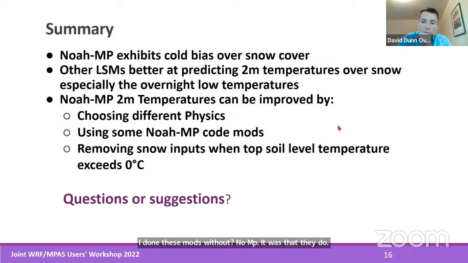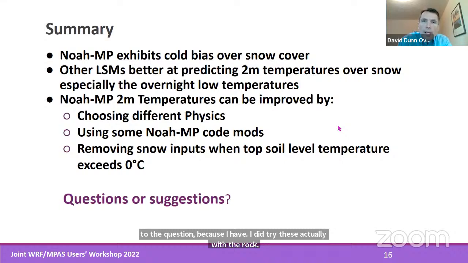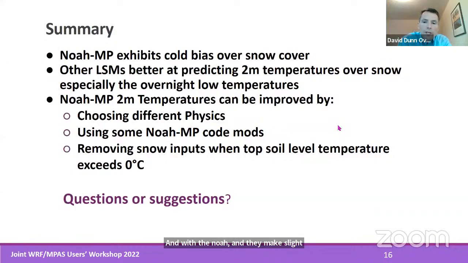Because I did try these actually with the RUC and with the NOAA, and they make slight improvements. Obviously, I didn't do any code mods to the RUC or the NOAA code, but actually using these physics packages with snow did make slight improvements to those other LSMs as well.